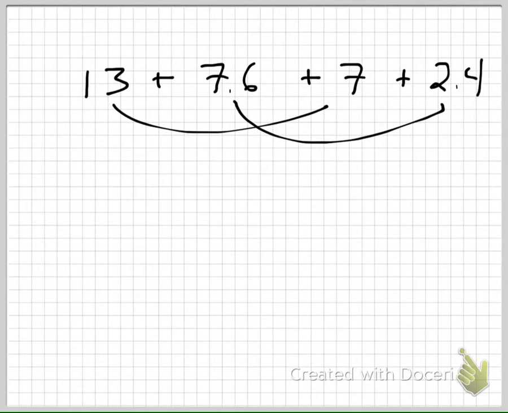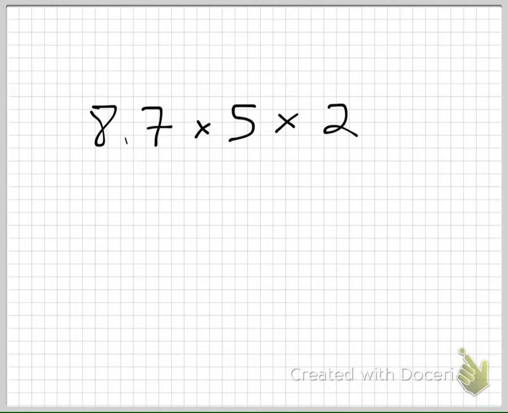Right? Knowing that you're allowed to move stuff around and do things, just like if I did this, 8.7 times 5 times 2. Some of you might decide to go 8.7 times 5, and oh man, that would take a while. And then you double it, or you could go 5 times 2 is 10. 10 times 8.7 is 87. Do you see what I'm saying?